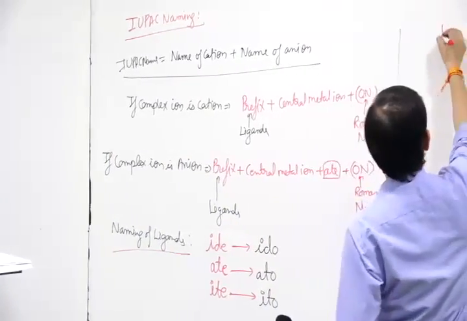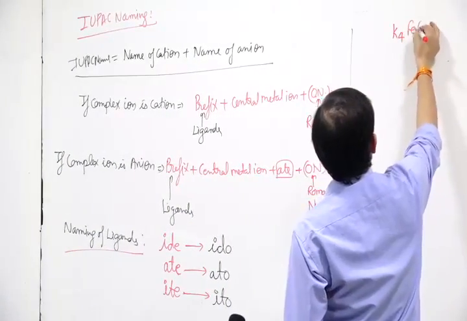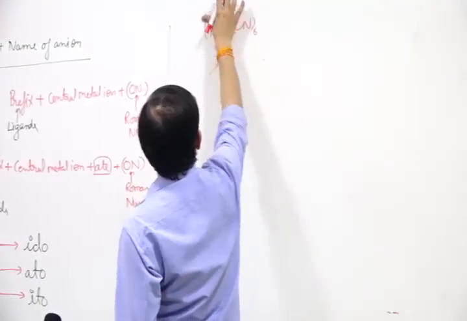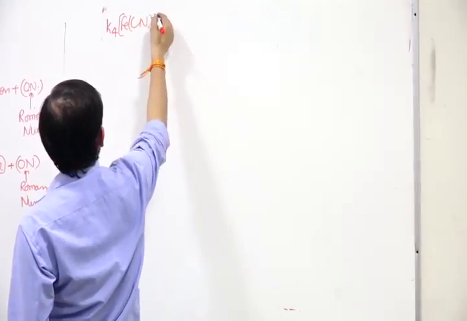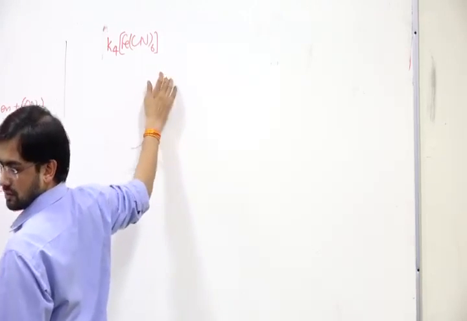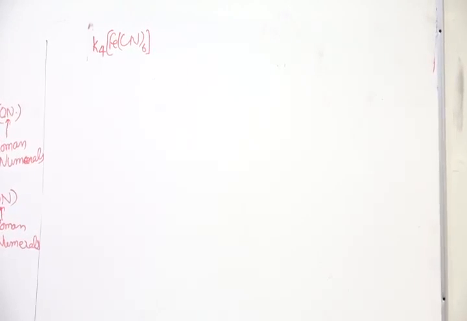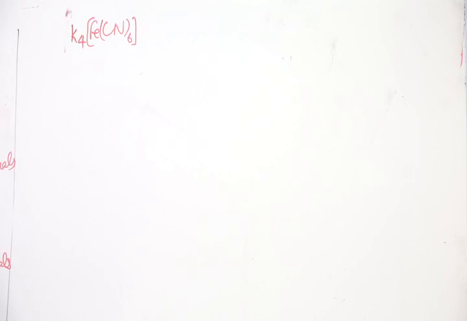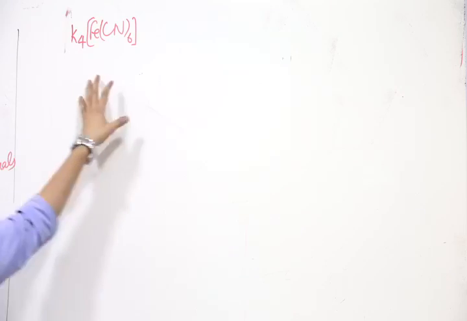So first we take the easiest, K4[Fe(CN)6]. Now I want to write the name.